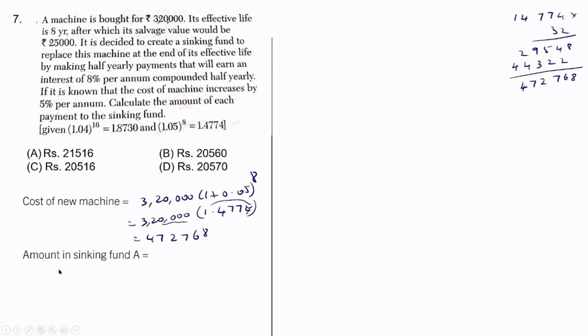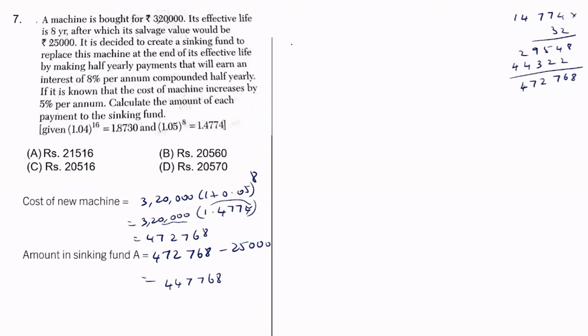So the cost of the new machine will be 4,72,768. Since the scrap value is rupees 25,000, the amount in the sinking fund A will be 4,72,768 minus 25,000. So this is equal to 4,47,768.